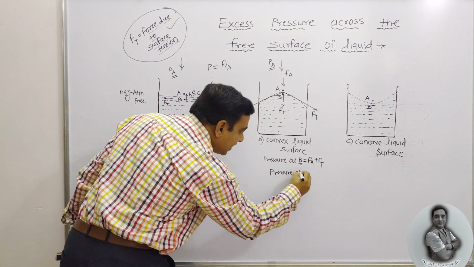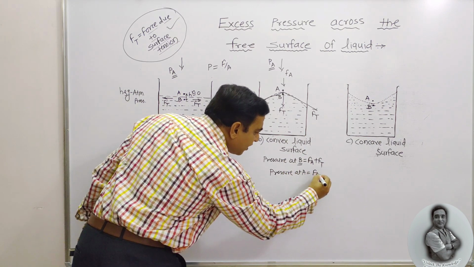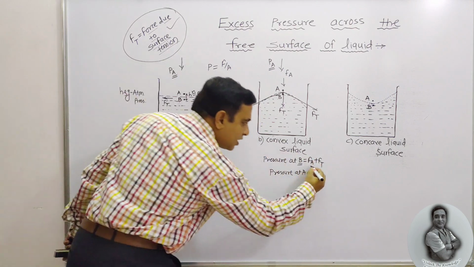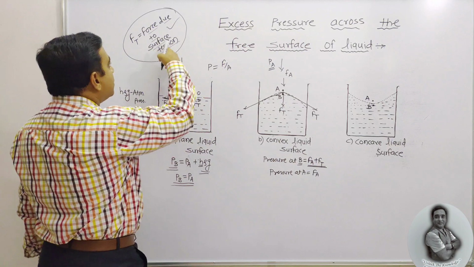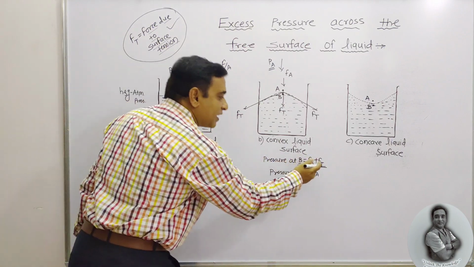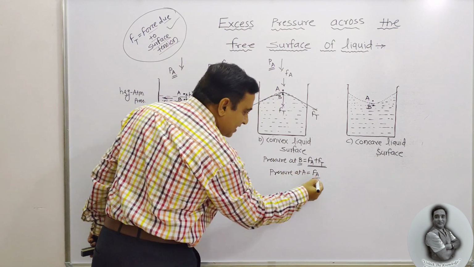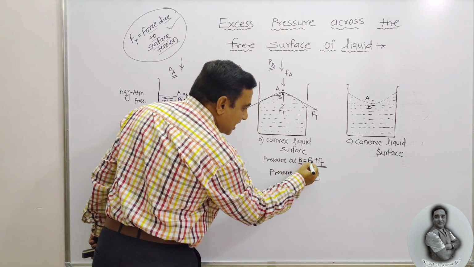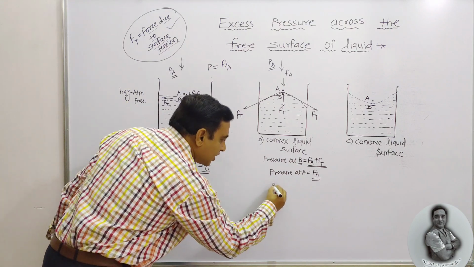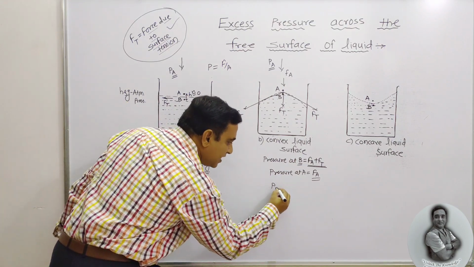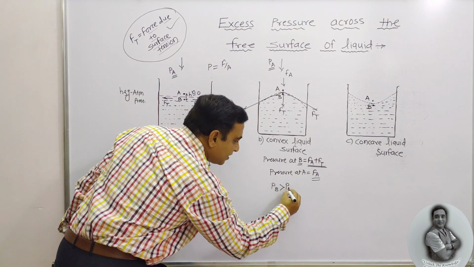Pressure at A is nothing but atmospheric pressure, that is Fa only, without the addition of the resultant force due to surface tension. Hence the pressure at the A side is only Fa and the pressure at B is equal to Fa plus Ft. So the pressure at B is greater as compared to the pressure at the A side.